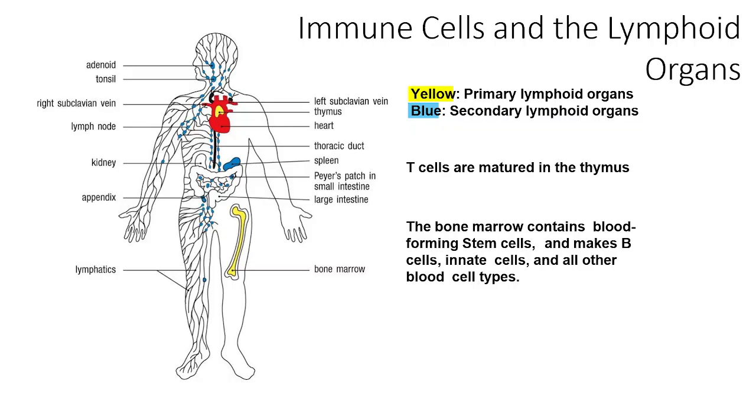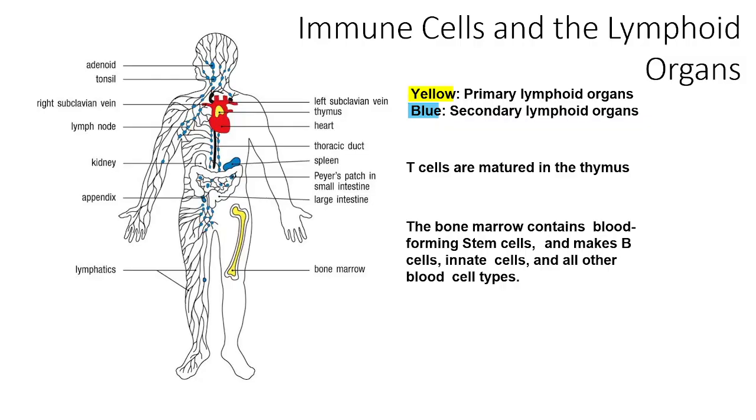The secondary lymphoid organs are the lymph nodes, spleen, tonsils and the adenoids. You have the Peyer's patches, appendix, lymphatics. So the T cells mature in the thymus whereas the B cells mature in the bone marrow, right?